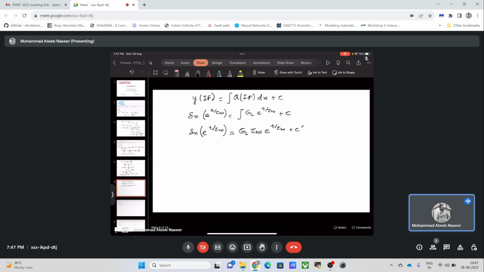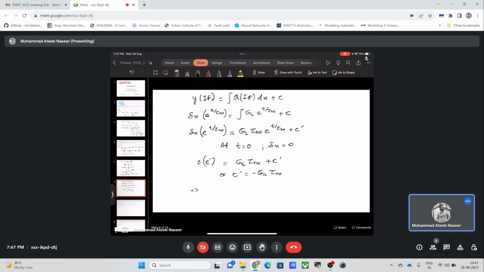But at t equal to 0 there were no excess carriers, so delta n is equal to 0. It implies 0 times exponential of 1 is GL tau n naught plus c dash, or simply c dash is equal to minus GL times tau n naught.